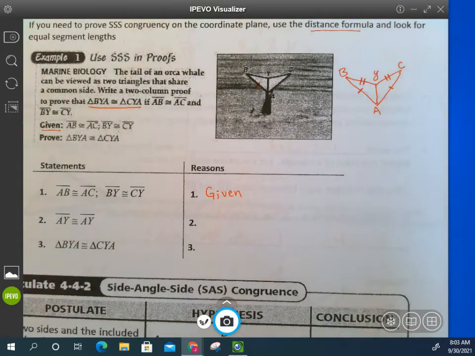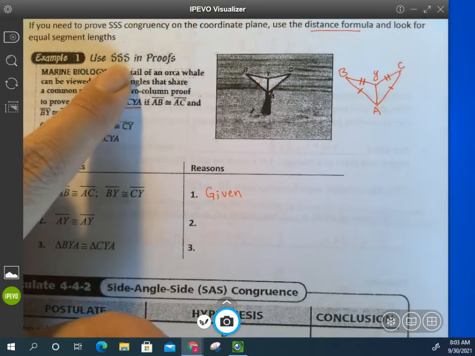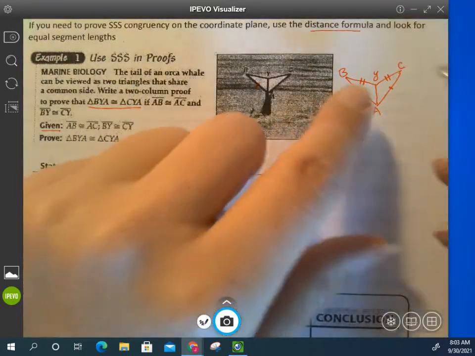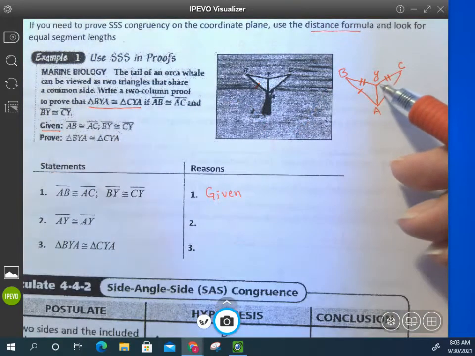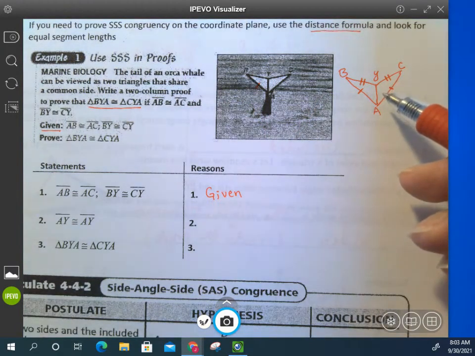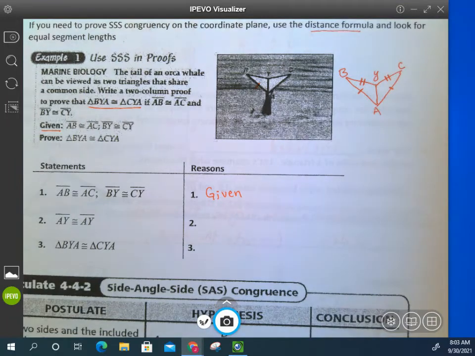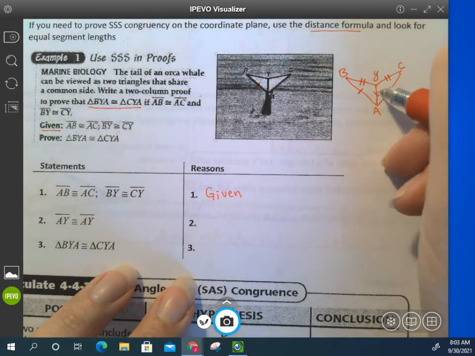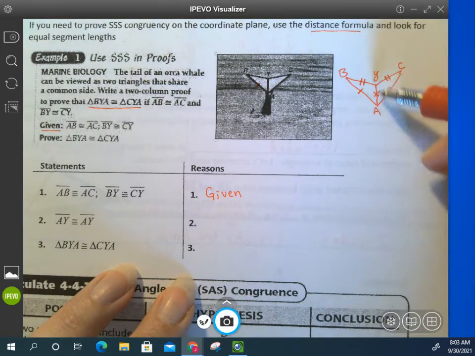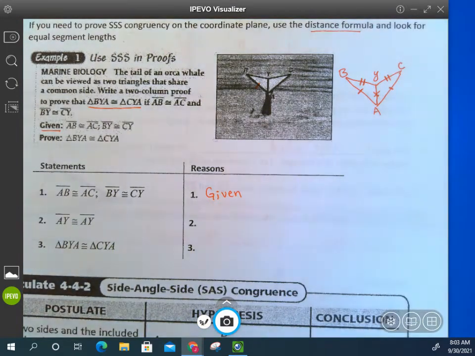Now, in order to use side, side, side, I need all 3 sides. So I have this set, I have this set, I have one more side. Does anybody remember why this is congruent? There was a term I used. I marked it like this with an X. And I said AY is congruent to itself because it's the same segment on both triangles. Does anybody remember the term for that?